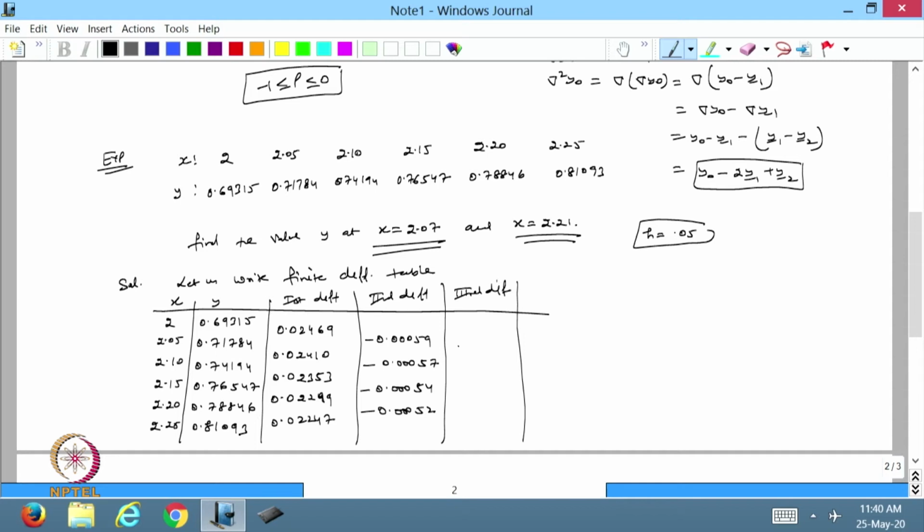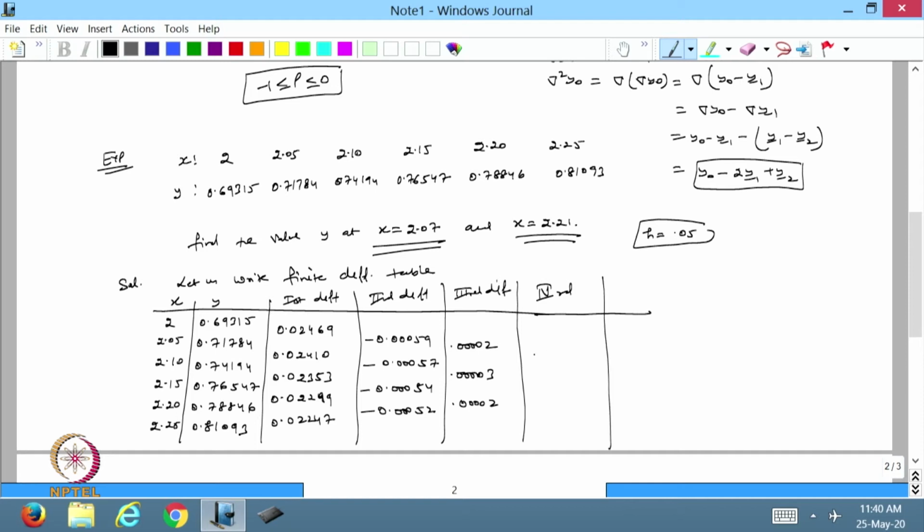So, this will be 0.0002, this is 0.003, and this is 0.0002, so 40. Then I can go for fourth difference.